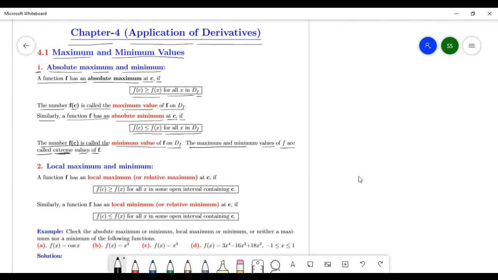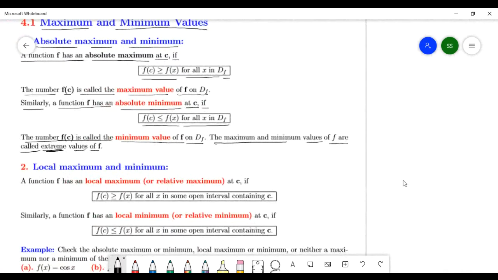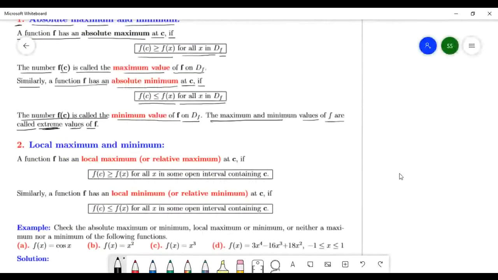Okay, extreme values, right? Now see the definition number 2, local maximum and minimum. A function f has a local maximum or relative maximum at number c if f of c is greater than or equal to f of x for all x in some open interval containing c.